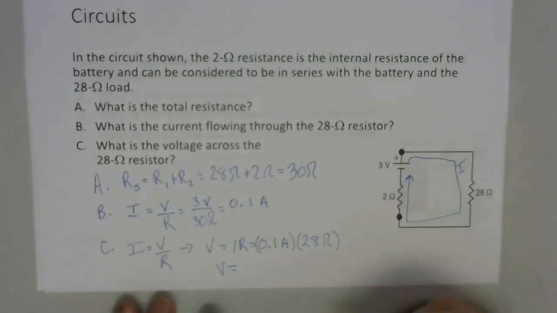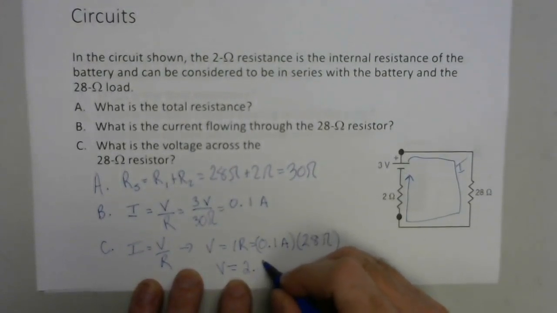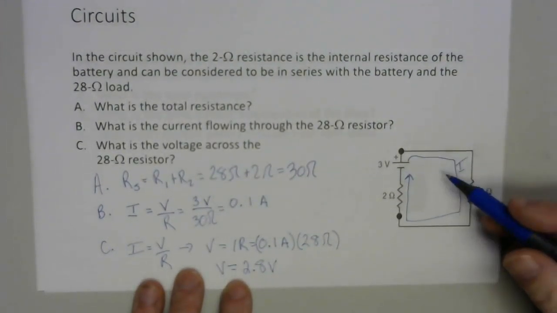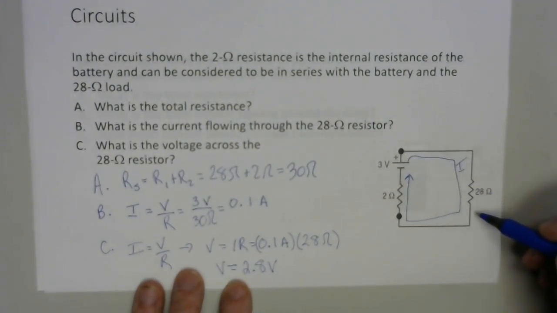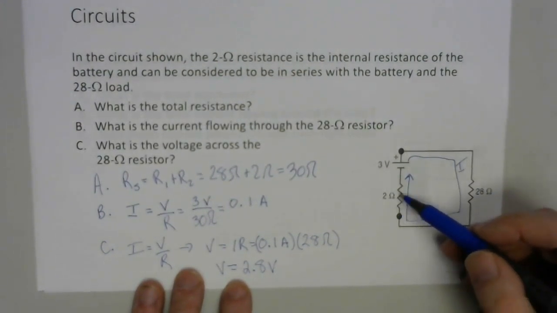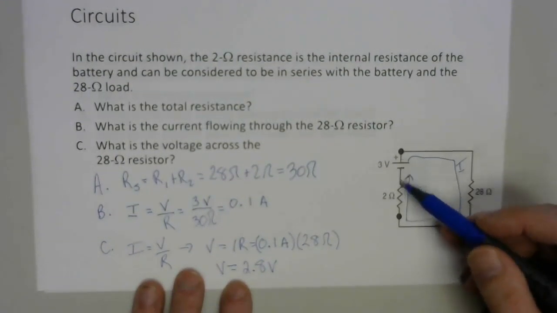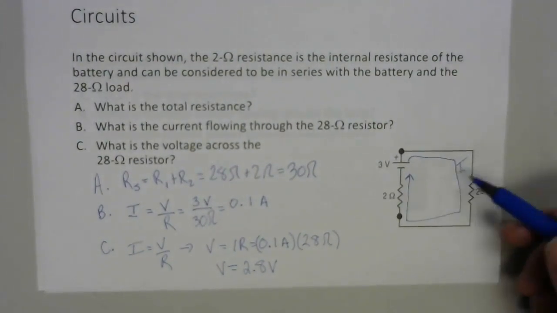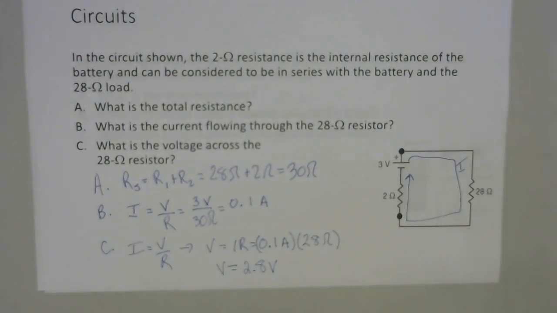So 0.1 times 28 will be 2.8 volts. And so it will drop 2.8 volts as you pass through the first one, and then the remaining 0.2 as you pass the internal resistance of the battery. And you find that once you put a load in it, the voltage always drops.